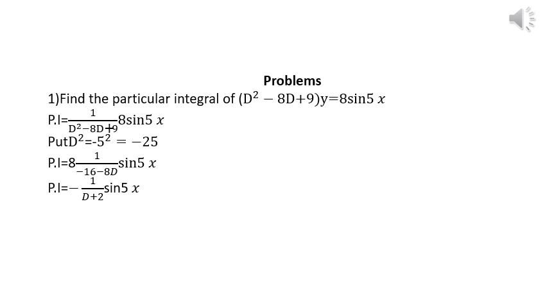See here, in case of sin ax or cos ax, our substitution is only for d square, not for d. But here we have d. Now to make d square, multiply and divide by d minus 2. Why? Because we have d plus 2, two terms.